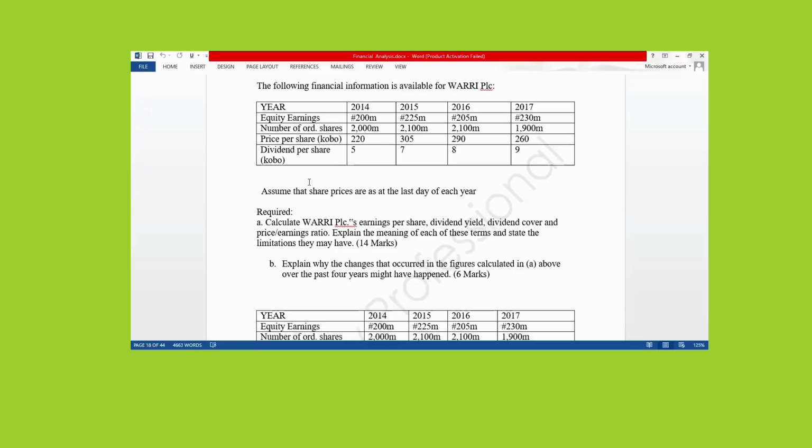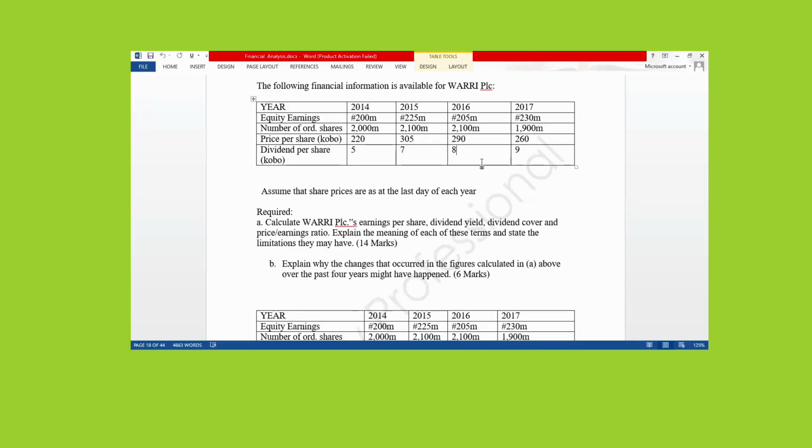This analysis enables stakeholders, such as the shareholders, the creditors, the investors, government, and management, to know whether the company is performing well or poorly.